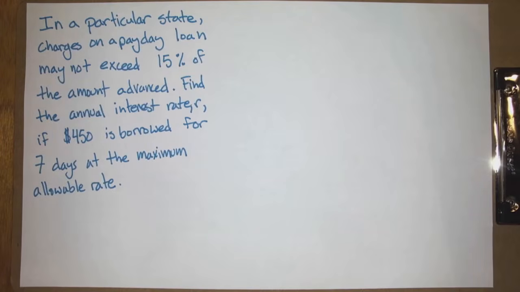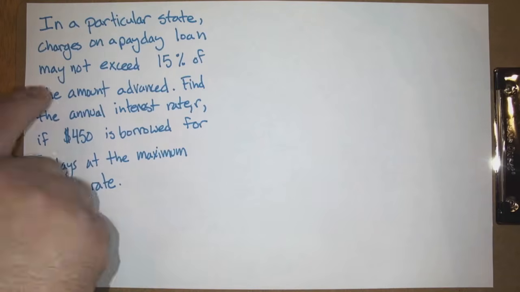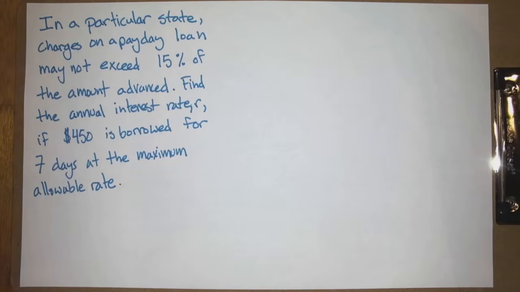So a payday loan is going to be paid back very quickly. The charges may not exceed 15% of the amount advanced. Find the annual interest rate R if $450 is borrowed for 7 days at the maximum allowable rate.